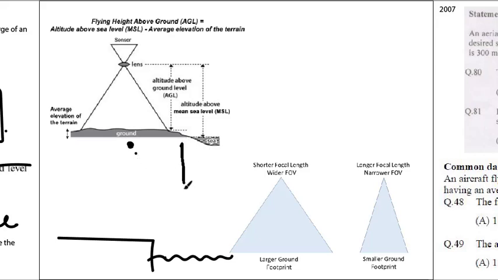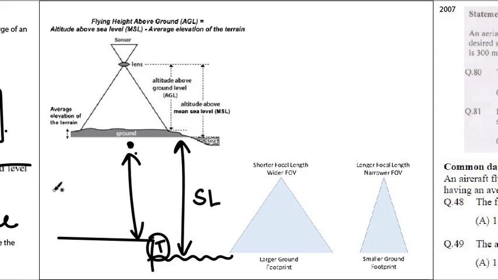That will be the total height minus the elevation of this terrain, which will give me this height, right? So it is sea level, this is terrain height, so flying height will be total sea level minus terrain. That's what is mentioned here, mean sea level minus average elevation of the terrain.